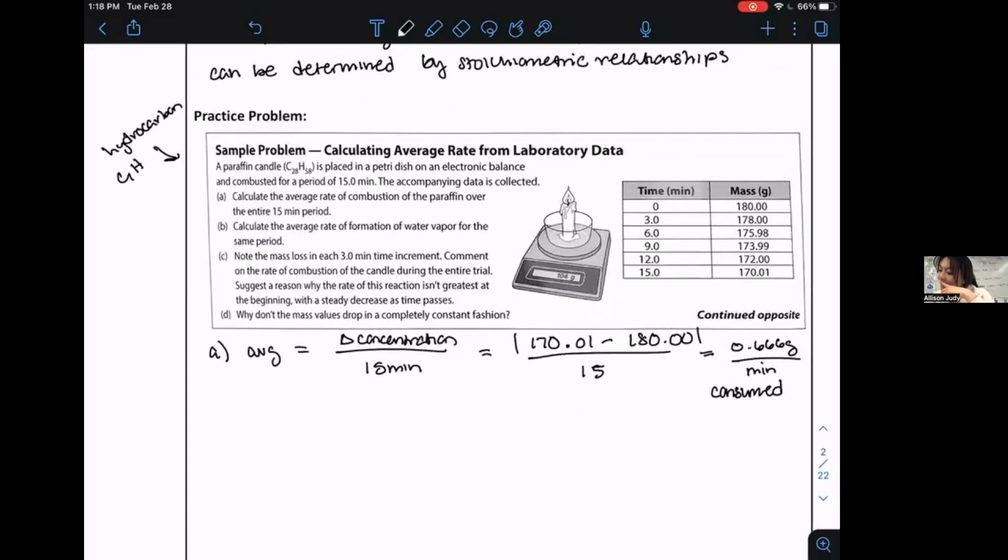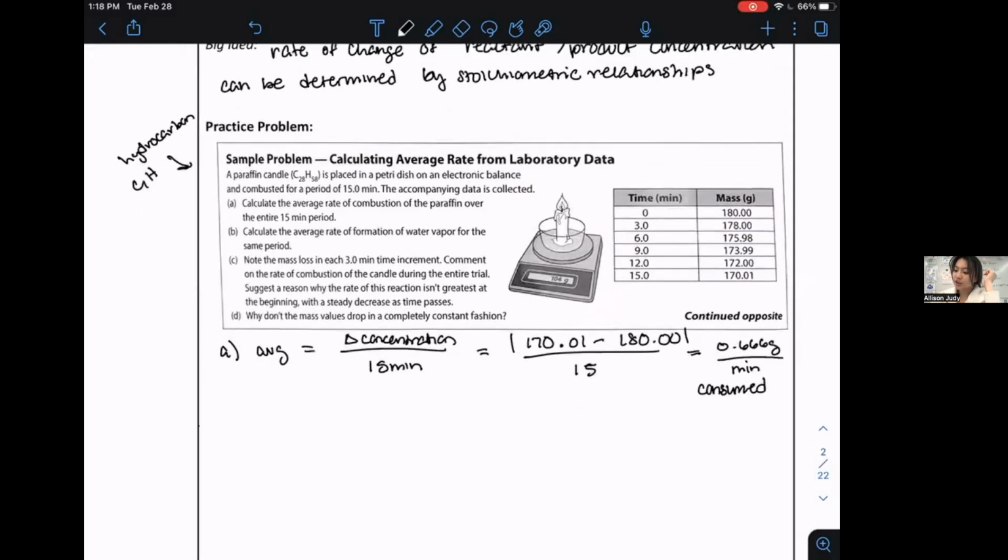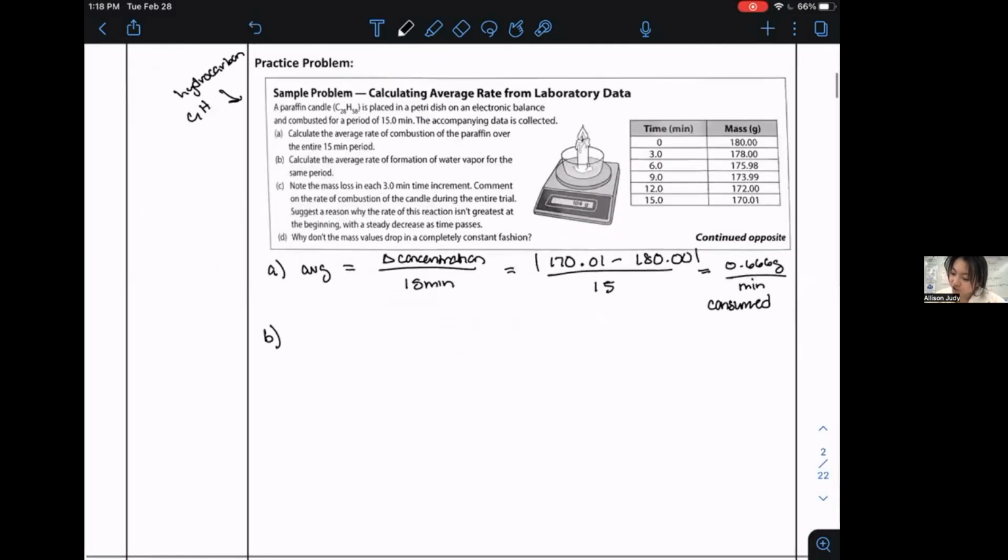Okay. B, calculate the average rate of formation of the water vapor for the same period. So now we're looking at a product. Before you can even answer that question, you're going to have to write the balanced chemical equation. So your balanced chemical equation for combustion is your hydrocarbon, C28H58. And I'm just going to give you the balanced reaction.